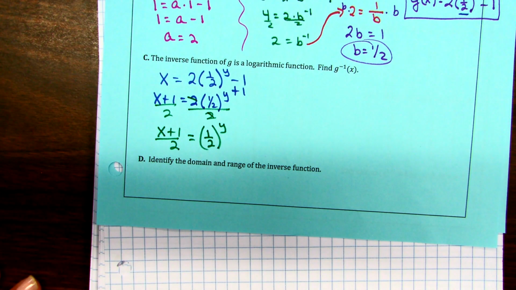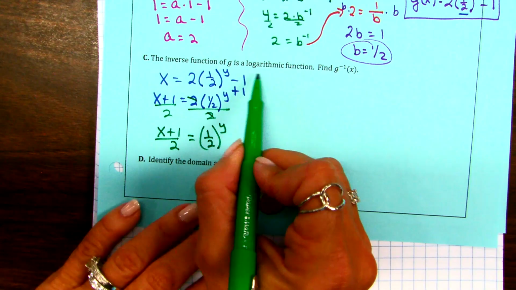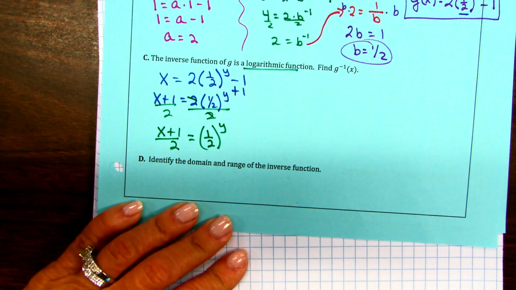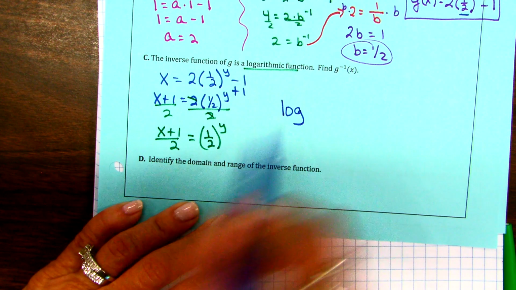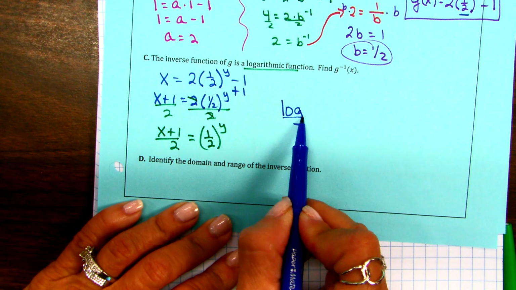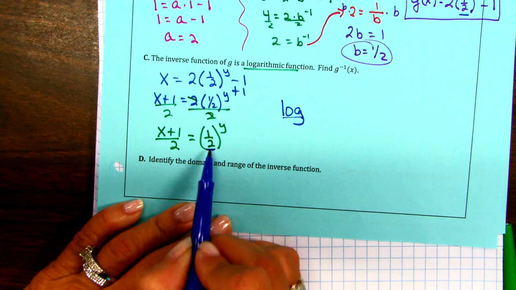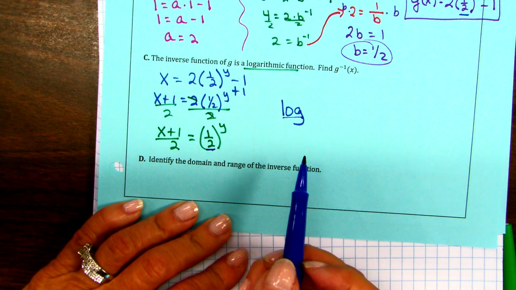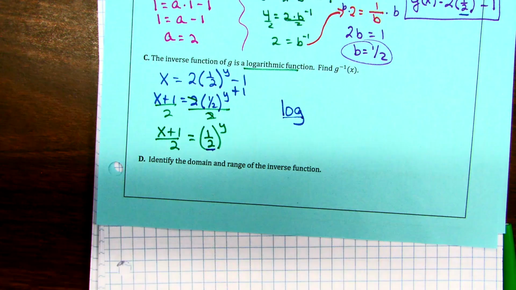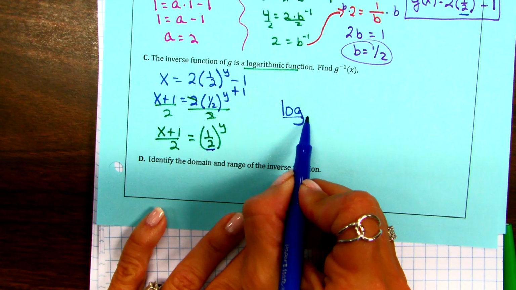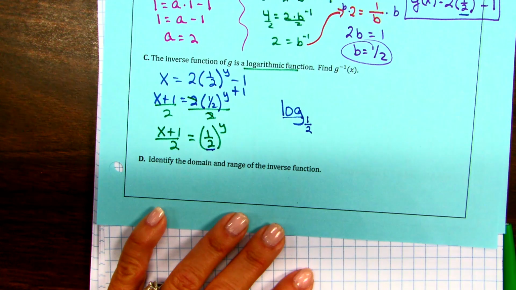Okay, write it in log form. How do we write something in log form? We start by writing the word log. How did I know to write log instead of ln? Because the base is a number, right? If this was an e to the y, I would have written ln. That's the only difference between log and natural log. So log base 1/2.